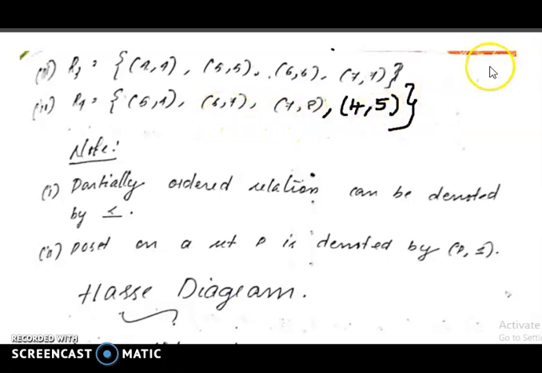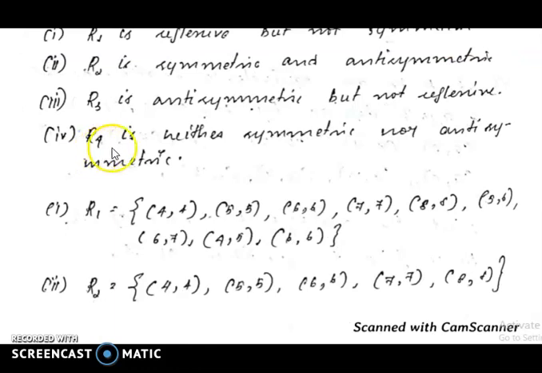Therefore this is not anti-symmetric. So we get the final example as not symmetric and not anti-symmetric. That is, R4 is neither symmetric nor anti-symmetric. Thus we have given examples for all the 4 cases here.